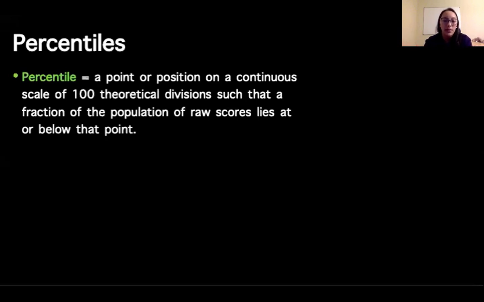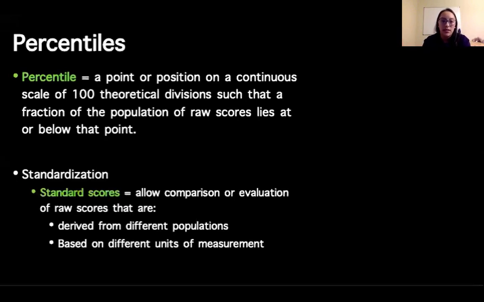Something that does that is called a standard score. Okay, and we'll go over quite a few standard scores throughout, mostly the first 3 weeks of the semester. So percentiles is our first type of standard score. But like I said, that allows us to compare a lot of different things to each other.